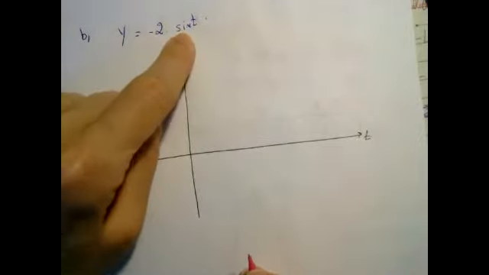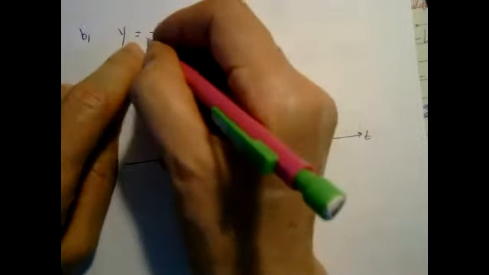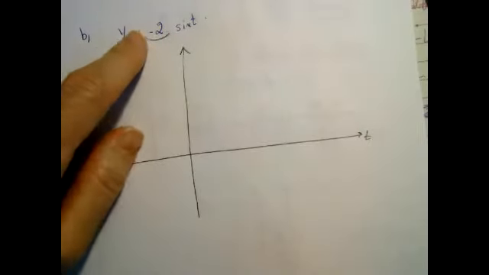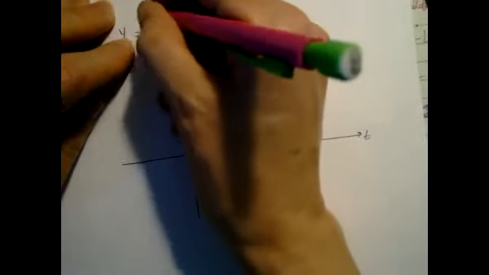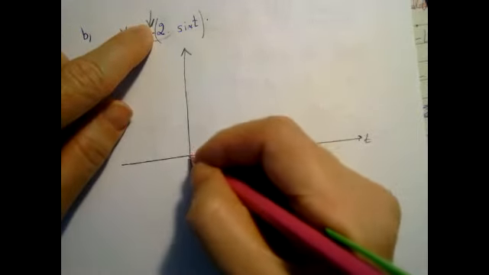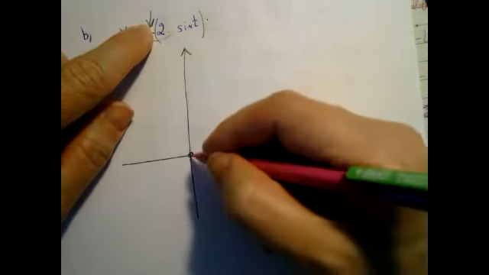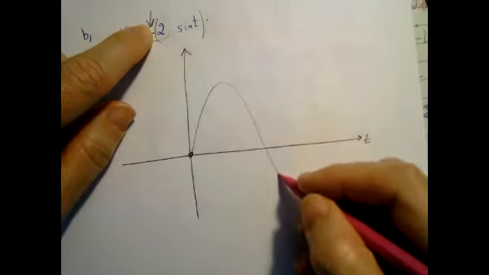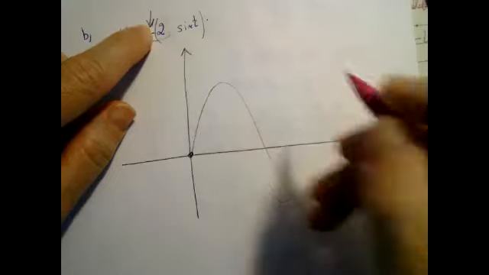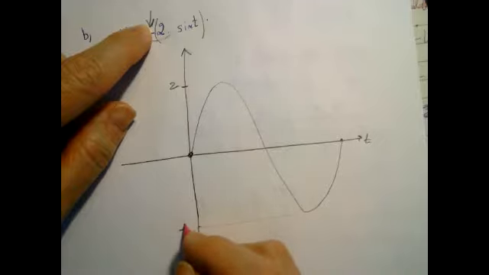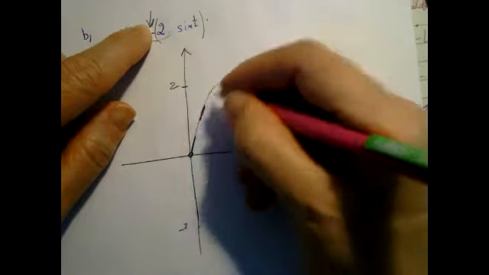Okay. I'm going to start with the graph of sine and ask ourselves how multiplying it by minus 2 is going to affect the whole picture. Actually, I'm going to start with the graph of 2 sine t, and then see how the minus will affect the picture. Now, 2 sine t is like the graph of sine, but stretched by a factor of 2. So this is 2, and this is minus 2.